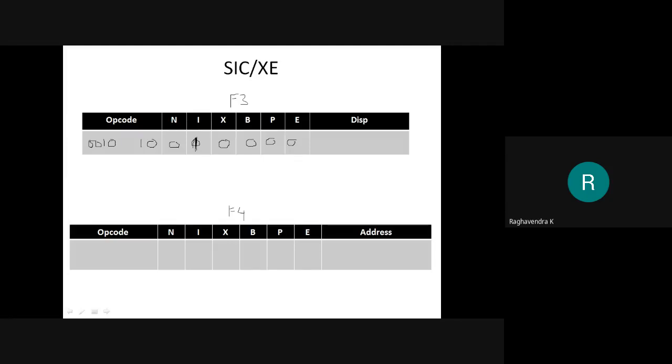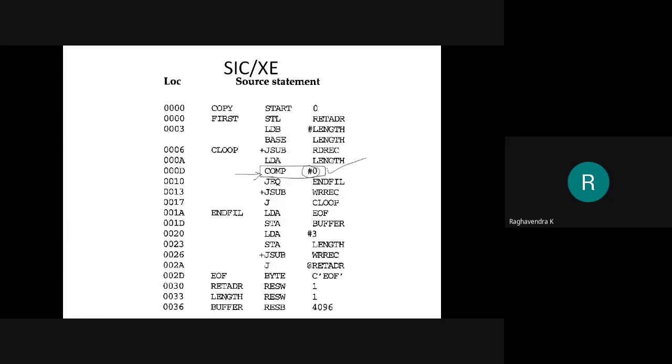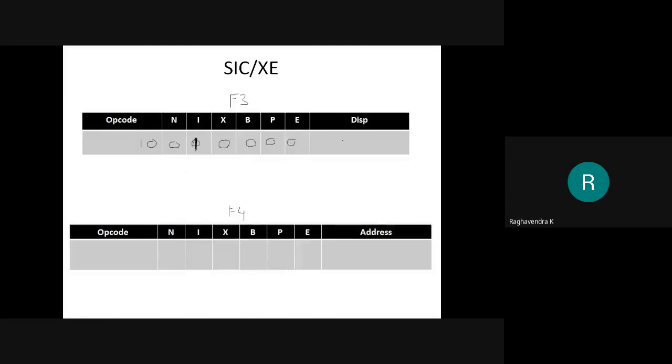Now in case of immediate addressing mode, if the operand is present directly in the instruction, then we write it down as it is. What is the instruction? Compare 0. What is the immediate operand? 0. So we write it as it is, 000.